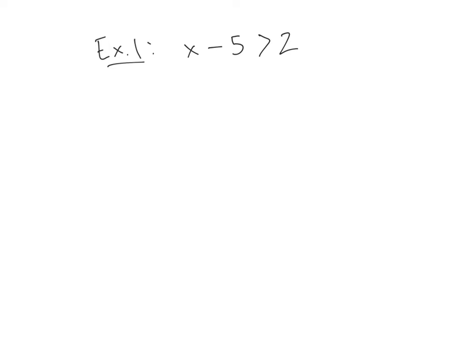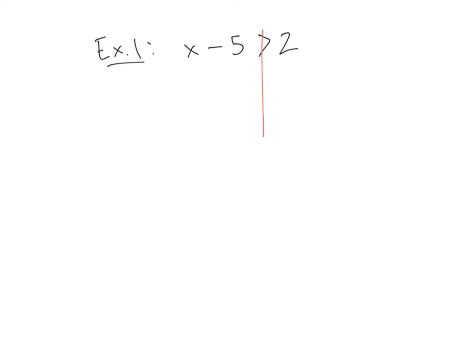But in this case, you should realize there would be multiple numbers for x that would work, right? Because there's many different numbers that would make the left side greater than 2. It could make it 3 or 4 or 100 or 1,000,000, right? So take a second, pick which of those options in the answer key here would give us an x that when we subtract 5 from that number, the left-hand side would be greater than 2.